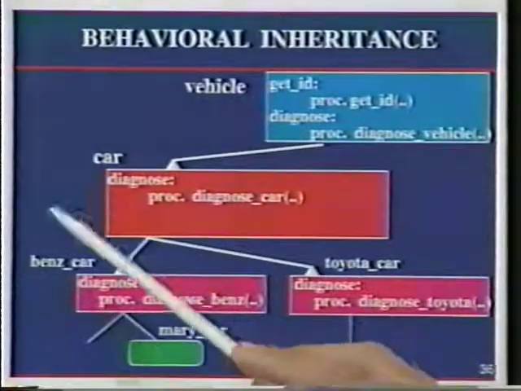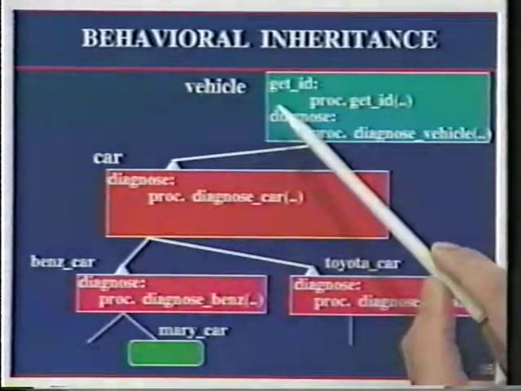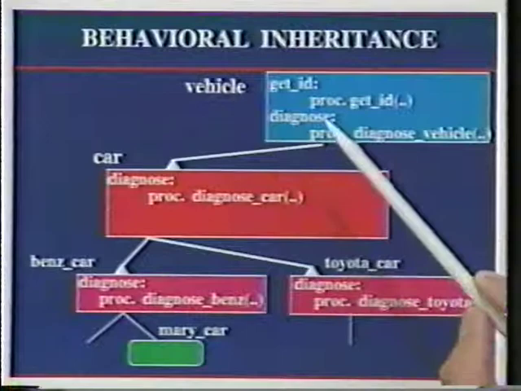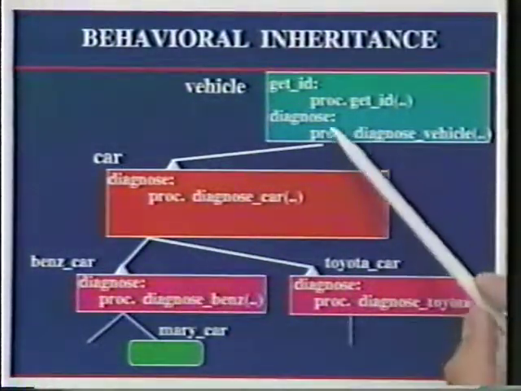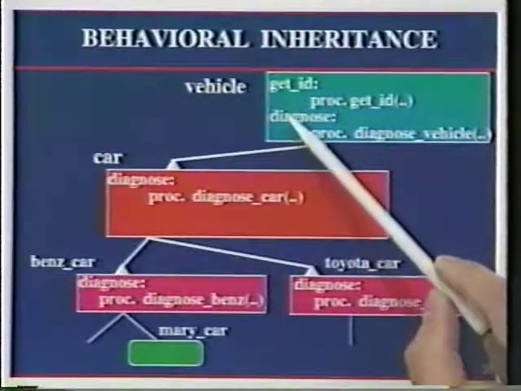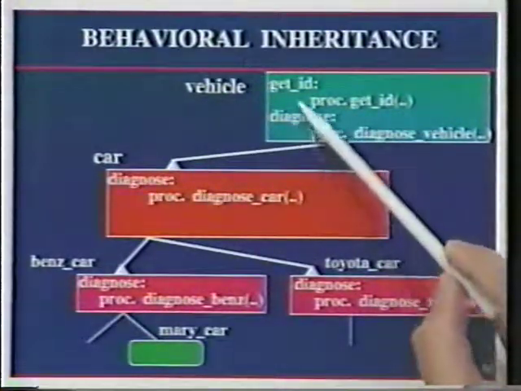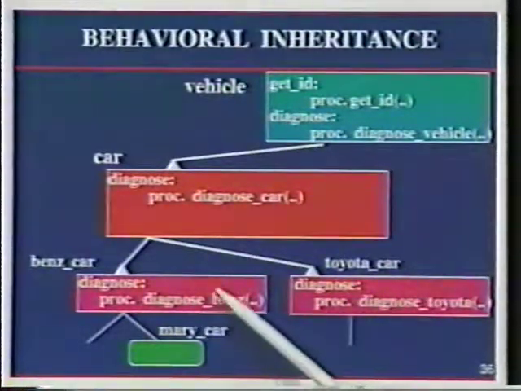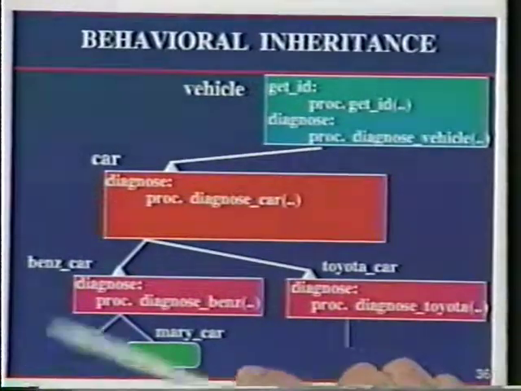Now, during runtime, what is happening is depending on where I send the message diagnose, the appropriate procedure gets bound to this particular message. Here, this particular method gets bound to this particular message.